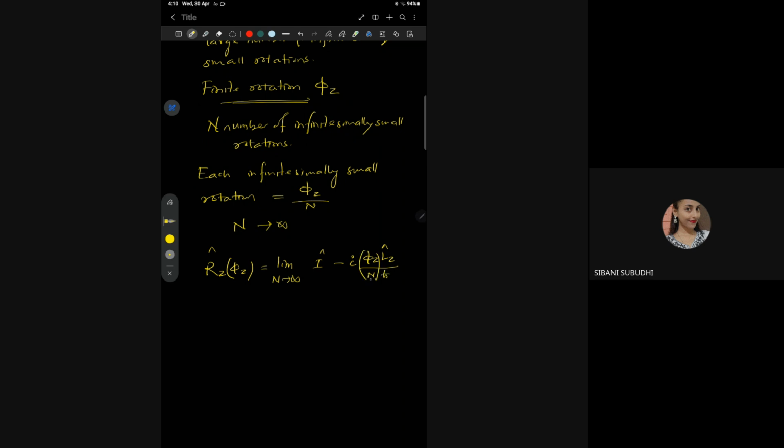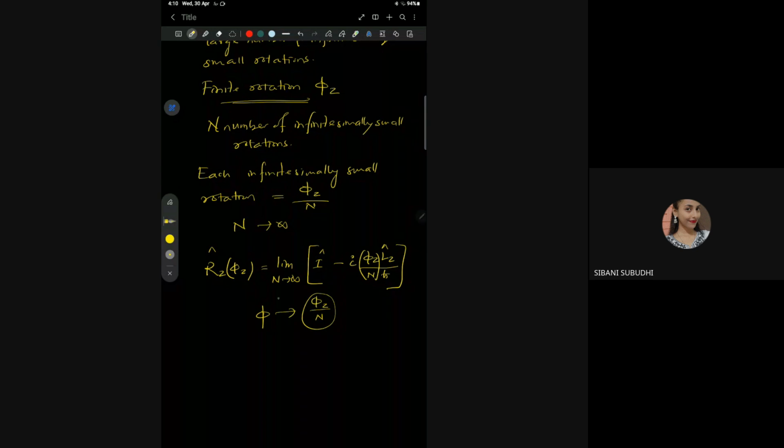If you remember, earlier we had identity minus i phi Lz by h cross. Now phi is replaced by phi z by n, because phi z by n is the infinitesimally small rotation.